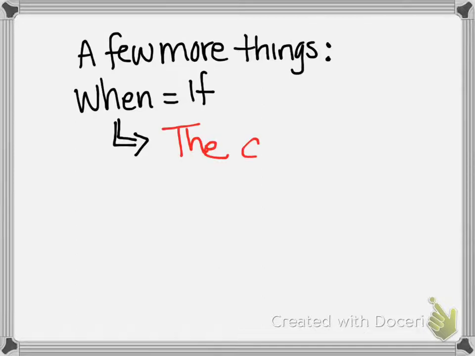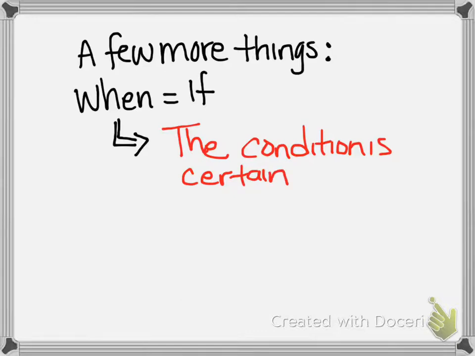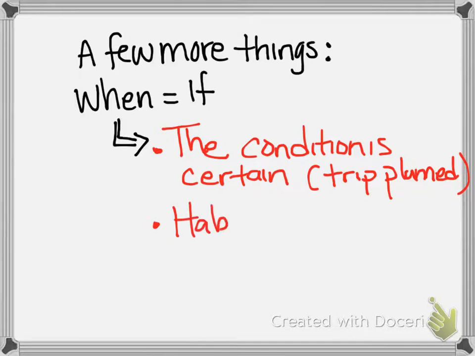It can be that the condition is certain to happen, such as a trip that you've planned. Or it could be a habitual action. And sometimes it can even indicate a general truth.